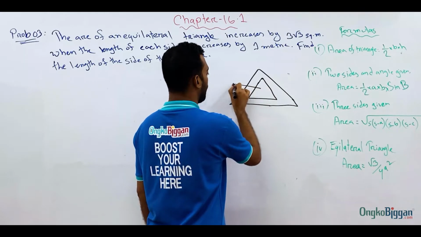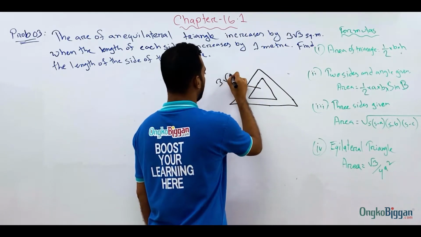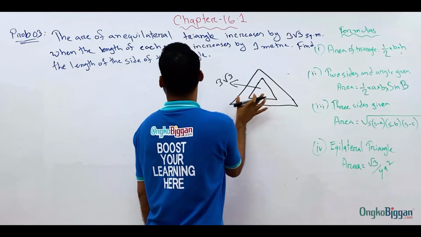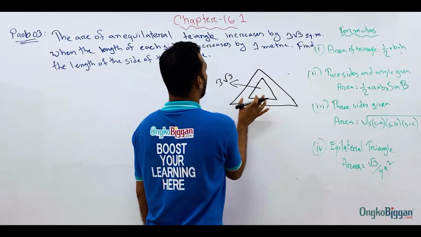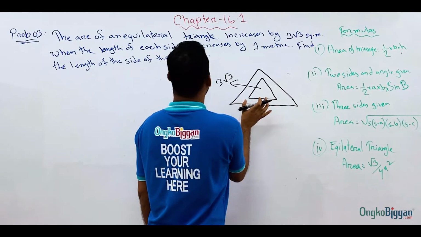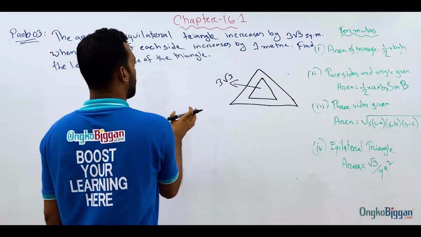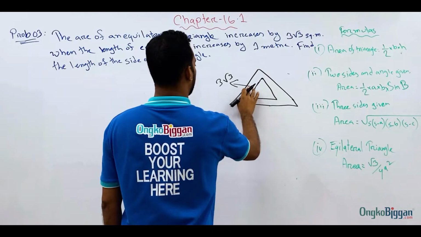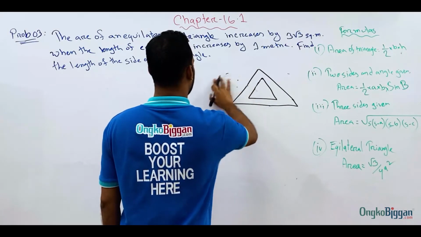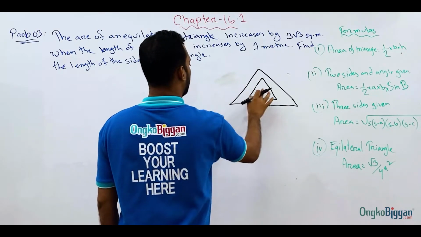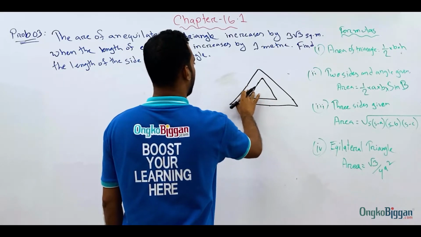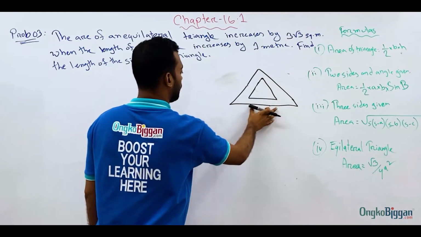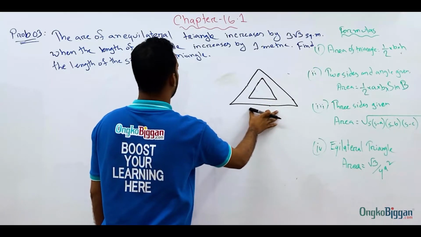The area of this triangle is increased by 3 root 3 square meter when we convert this smaller triangle into this one.